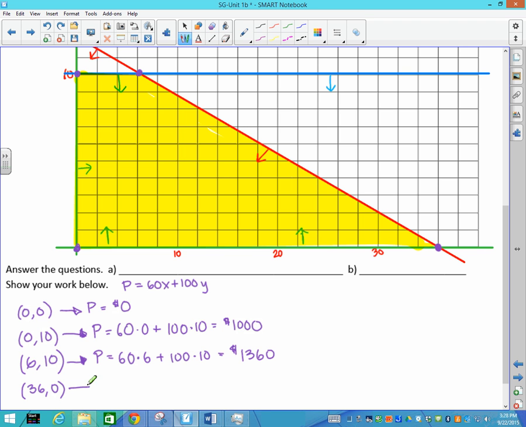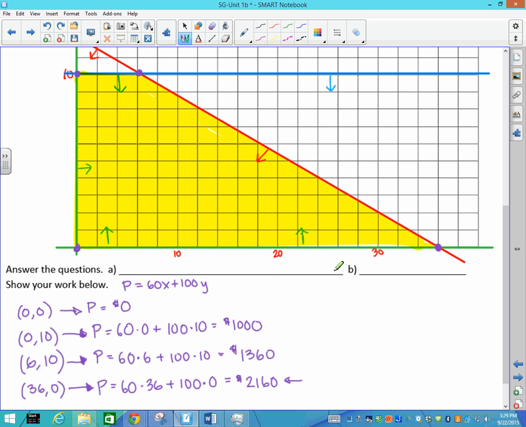And then I'm going to plug in the last one: P is equal to 60 times the x value of 36 plus 100 times the y value of 0, and that gives a total of 2,160. So you can tell from that that the maximum income is right here.